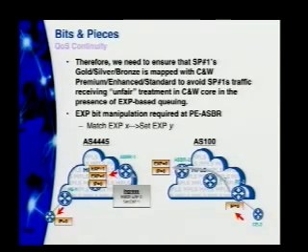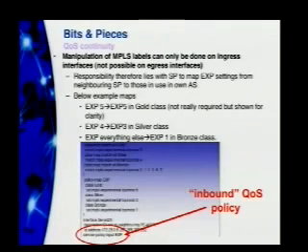So we do the mapping of the EXP bits, which are then the DSCP values. The manipulation, as I said before, can only be done on the ingress side, which is either the PE where the customer is connected, or the PE where the two service providers have their connections.